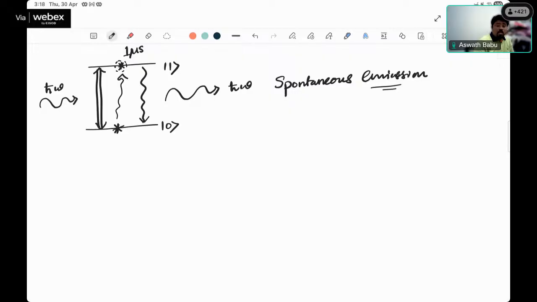Even before that, I can force the system to de-excite. Let's say one photon is absorbed and the electron is in the excited state. Now I want to pull it down before 1 microsecond. I will not do anything; I just send one more photon just before 1 microsecond.